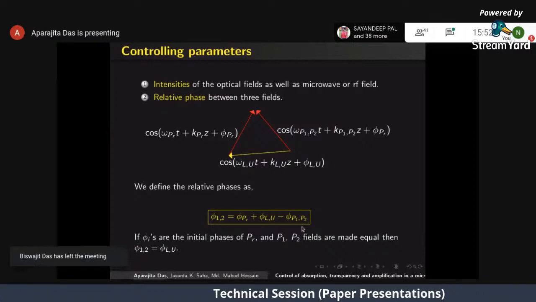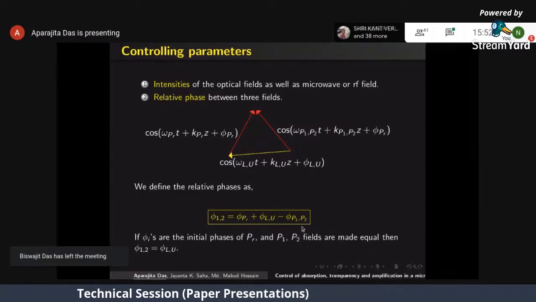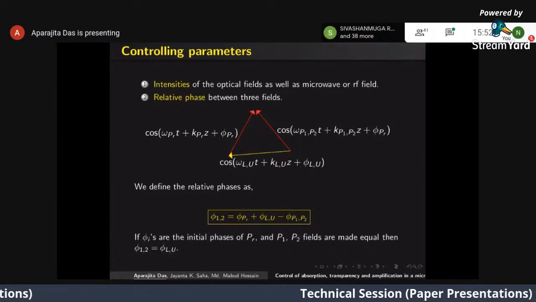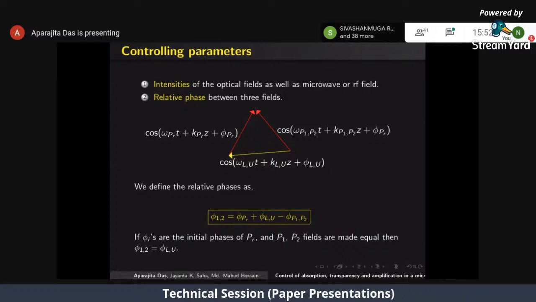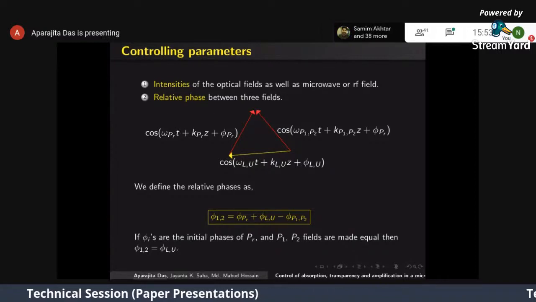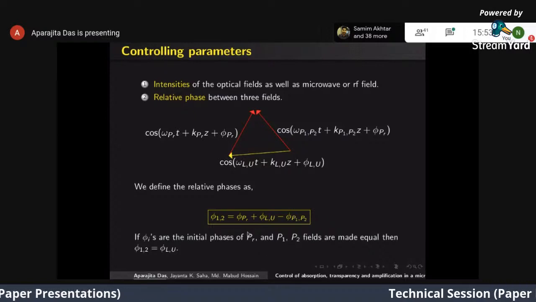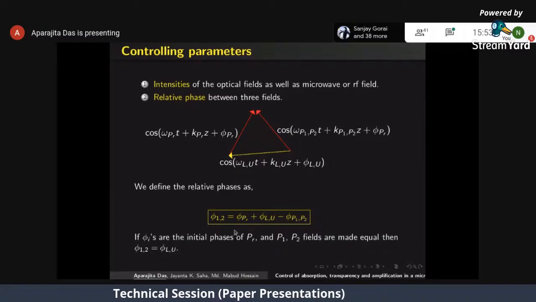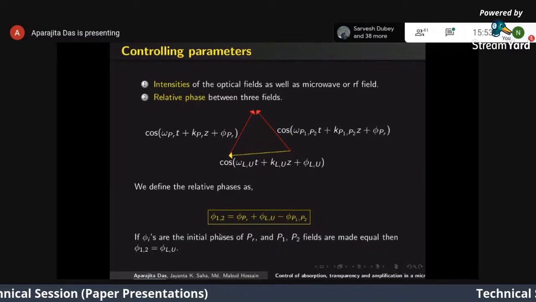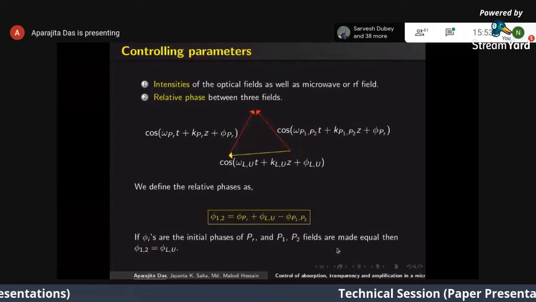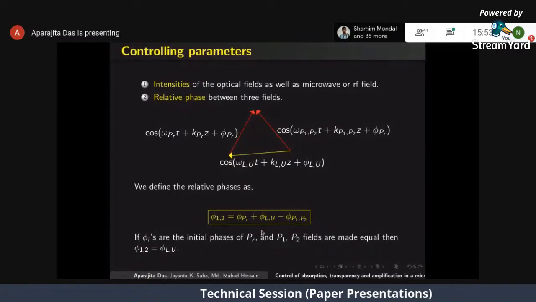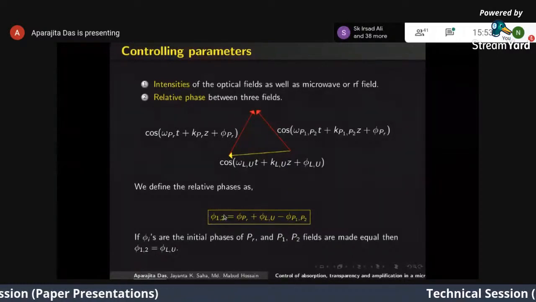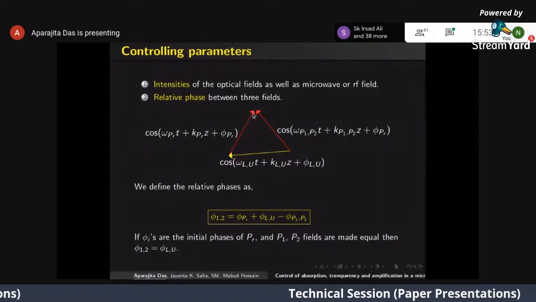And if we consider that the pump and probe fields are prepared from a single source, the initial phases of these fields will be the same. So these will also cancel out, and ultimately we can say that the phases associated with the microwave fields are equal to the relative phases of these three fields.